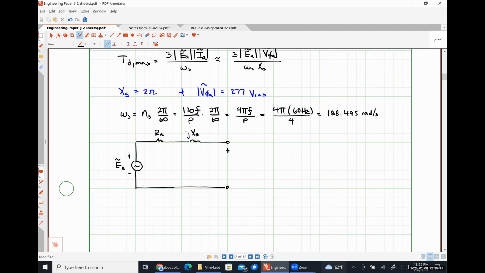We are applying a voltage V_phi_A here, and because we're using this device as a motor, we should expect our current to flow from our terminals towards our induced voltage like I've drawn.